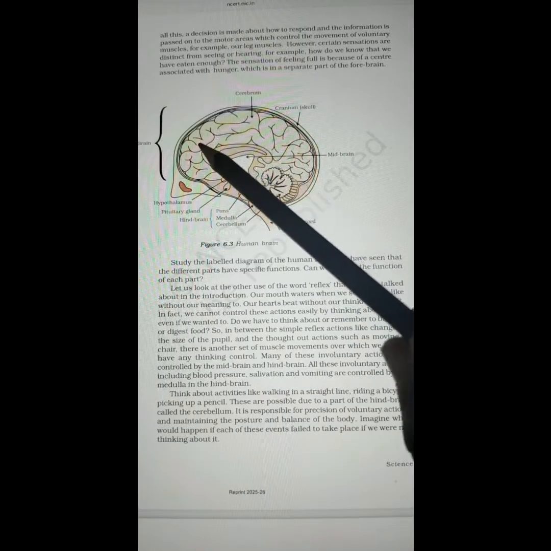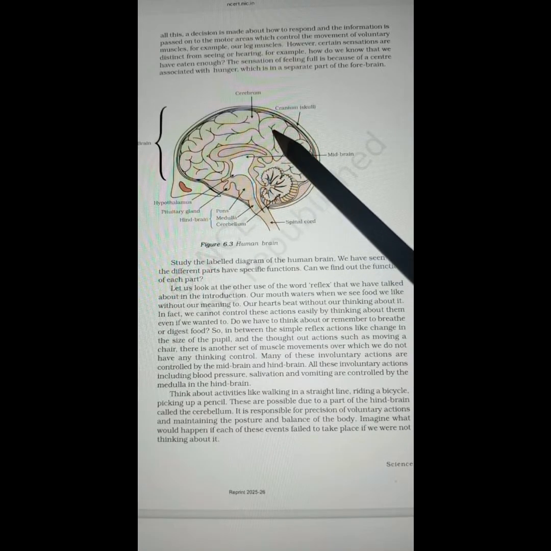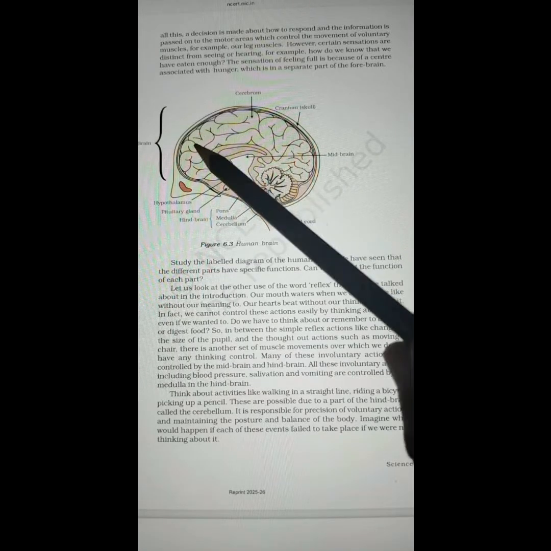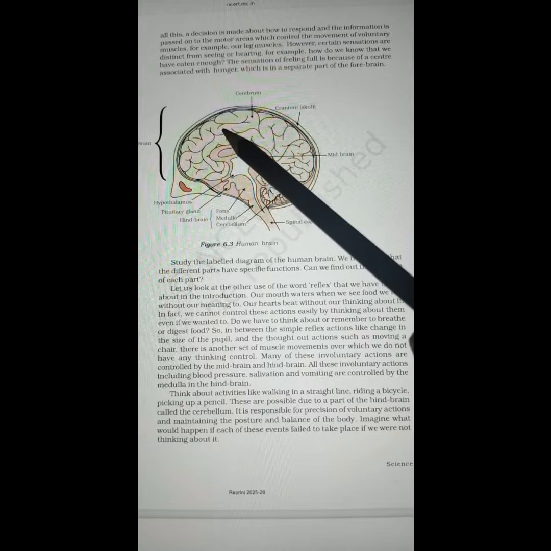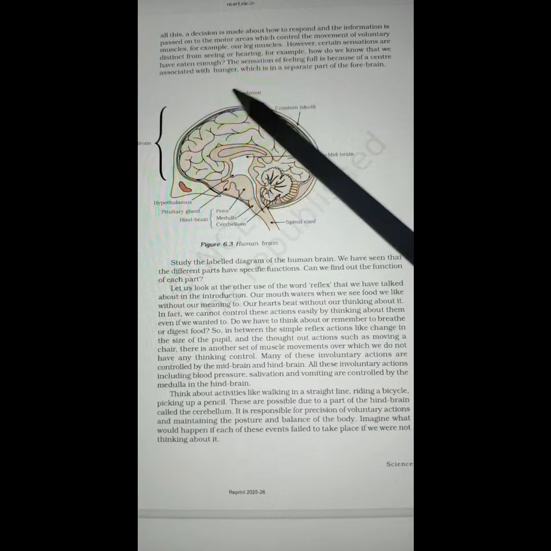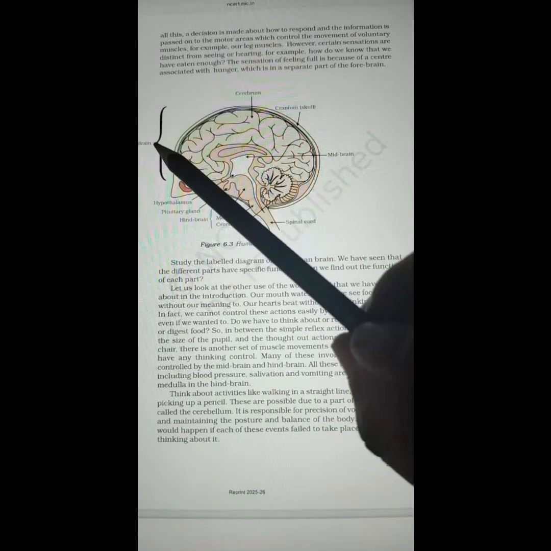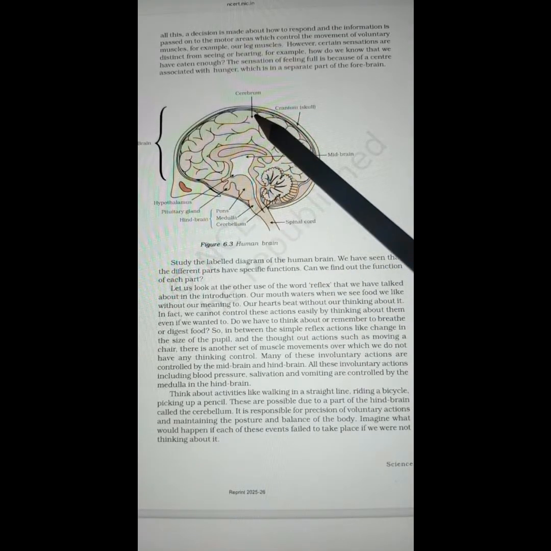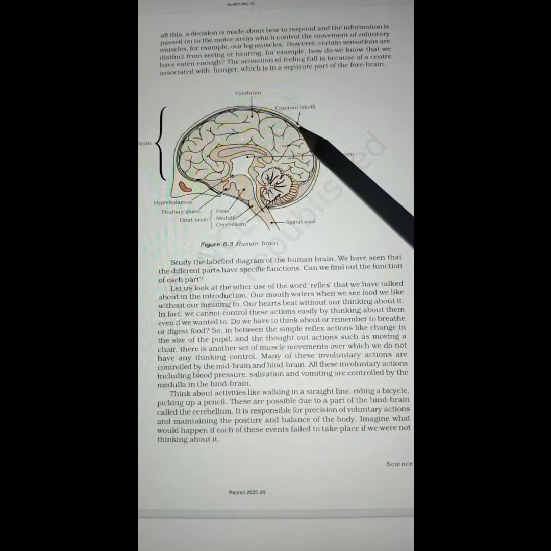This part which is showing you the downs and the ups means the gyri and sulci. So the wave-like structure which is there, this is cerebrum. This is your forehead, that is the forebrain of yours. So cerebrum outside it is protected by cranium, which is also known as a skull. Here, meninges is not shown to you.